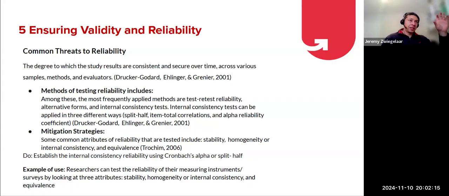So splitting out the group of items and looking at what it is that they have, so that we don't have the situation where some questions are not answered by the respondents, or they're not answered well, as in the back end set of questions. So we'd have this test split half arrangement to try and do that. And we also check it basically to ensure that there's consistency and equivalence across the groups.